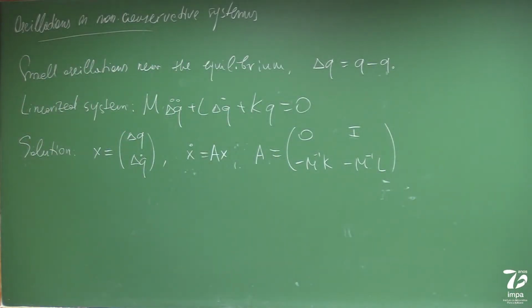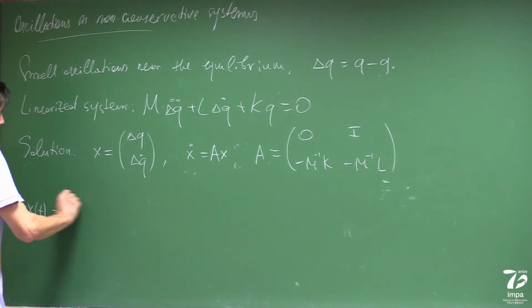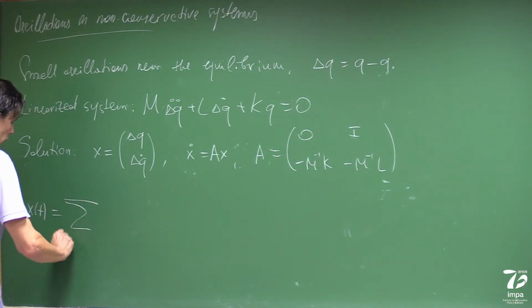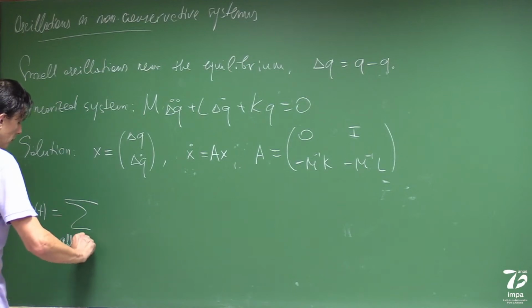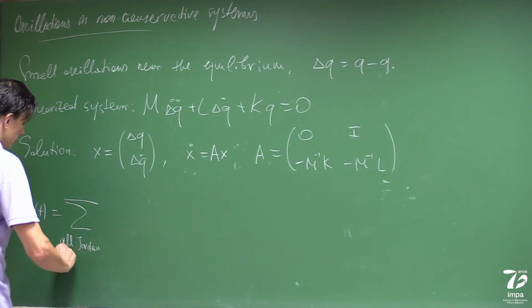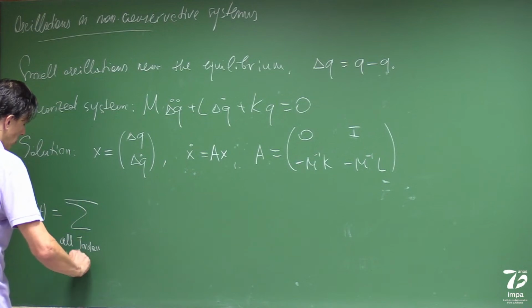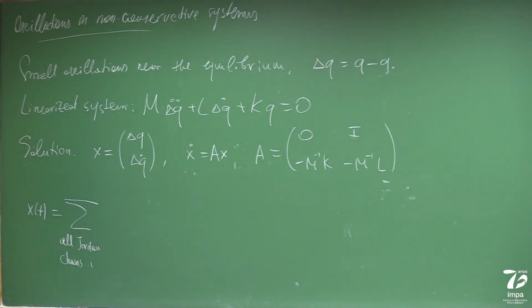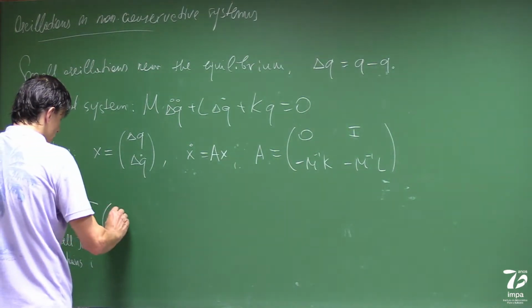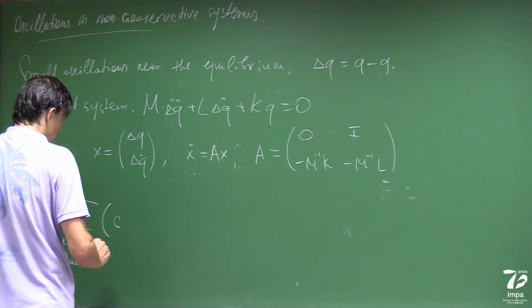And then the solution can be written as a sum over all Jordan chains, which we number with i, and then for each i we have this solution given by that formula starred last time.